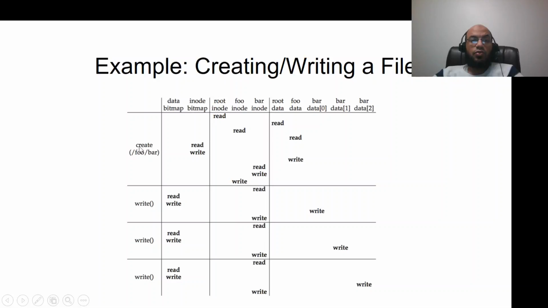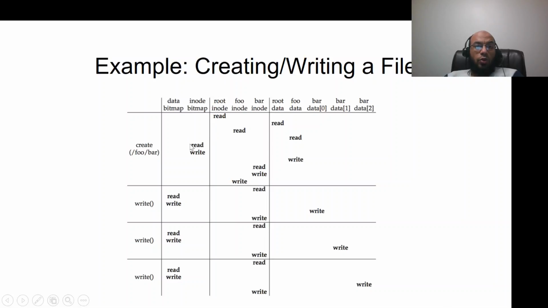You're creating /foo/bar. So in the beginning, sorry, first you go to the root inode, you read from the root inode, which is slash, then you go to the foo inode, you read the foo inode, you realize that there is no /bar file.